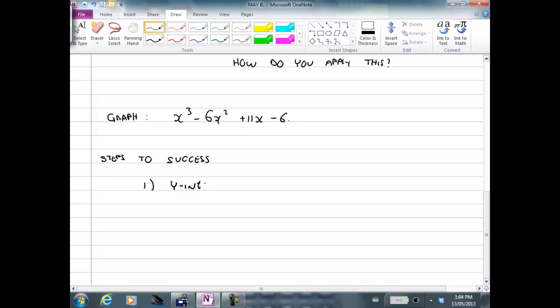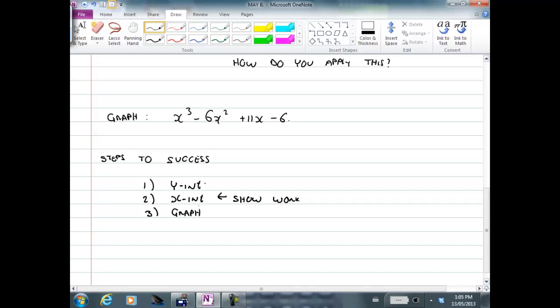First thing. 2. I'm going to look for x-intercept. And you got to show work. Show work. Finally, once you have your x-intercept, you can go ahead and graph it.